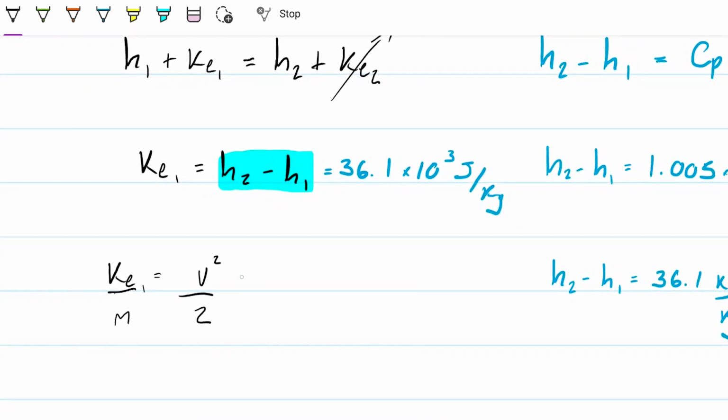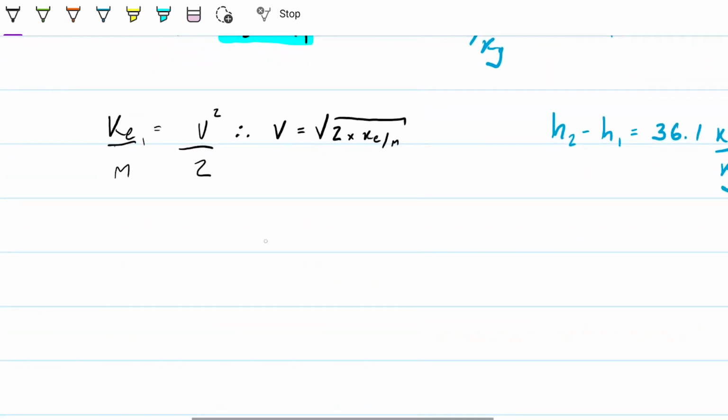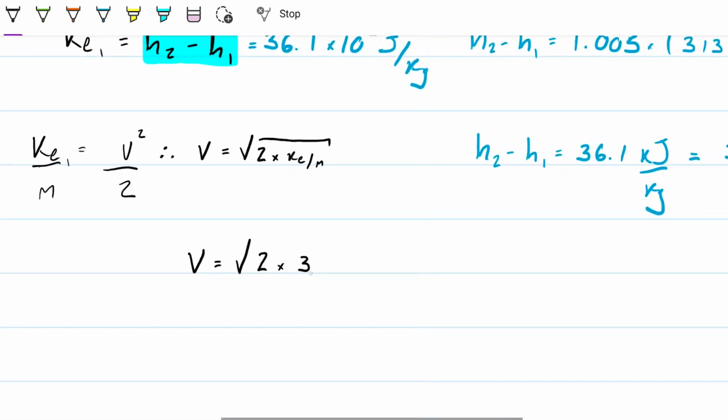So in other words, if I want to find the velocity, the velocity will be the square root of 2 times the kinetic energy over the mass. So the velocity will be equal to the square root of 2 times 36.1 times 10 to the third.